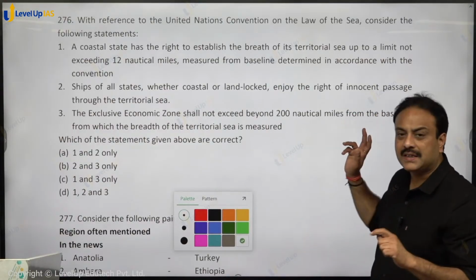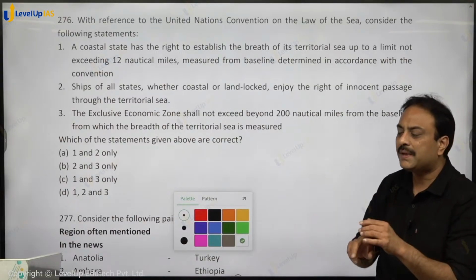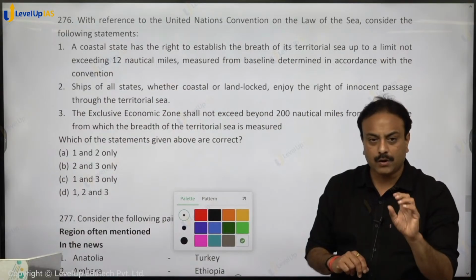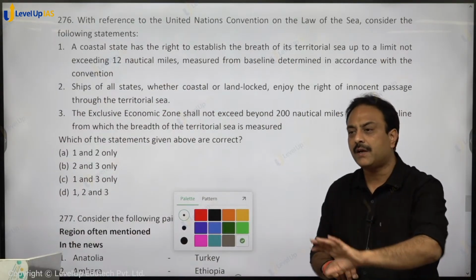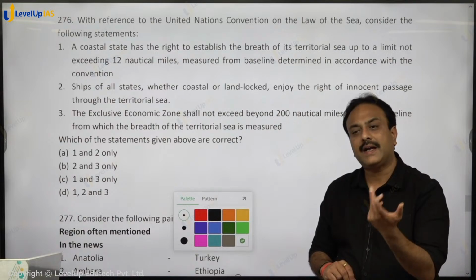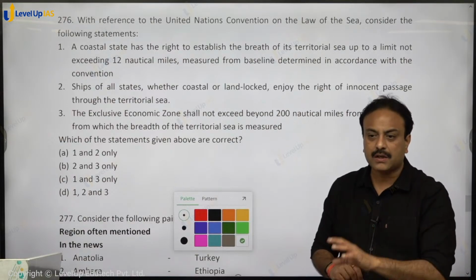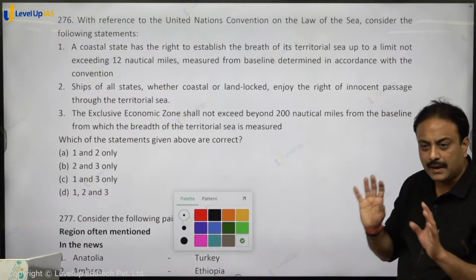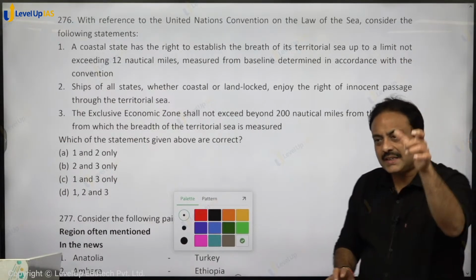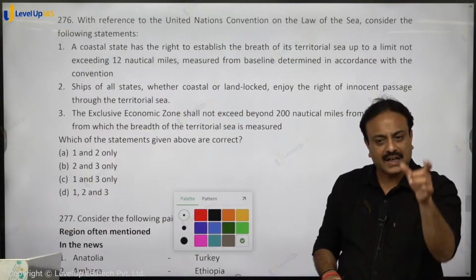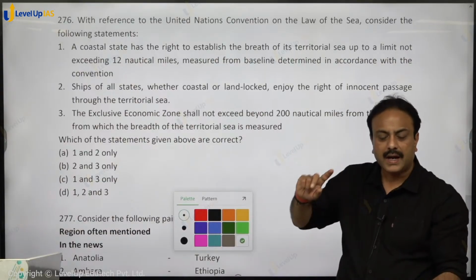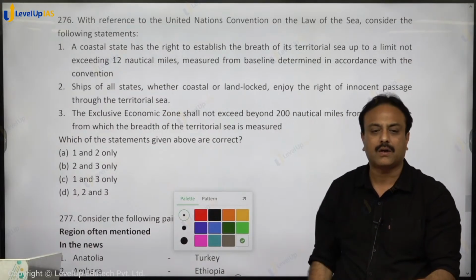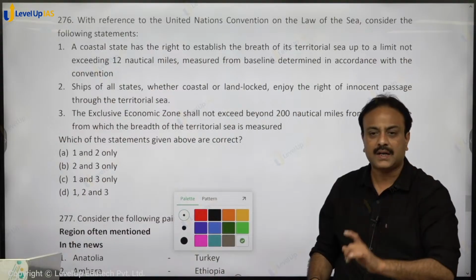What is innocent passage? That you need to understand. Innocent passage means it should not be against the normal good of the country. It should not be against the peace and stability of the country. It should not be any type of aggression, armed aggression or anything related to that. That is called innocent passage. What is meant by innocent passage has been defined by UNCLOS, and which activities are against innocent passage are also defined in different articles of UNCLOS.